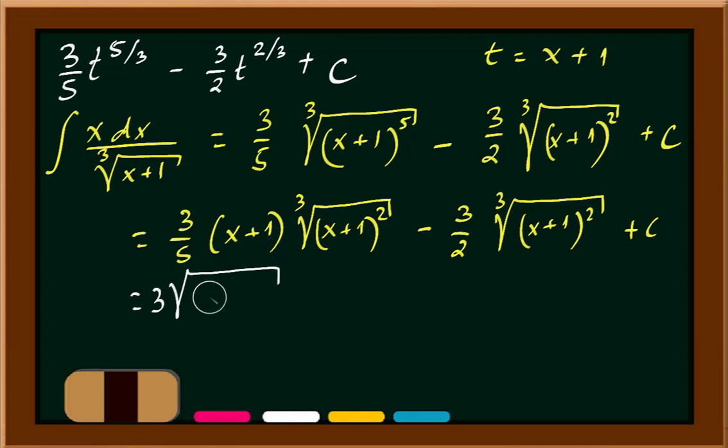It is cubic root, not square root. We will fix that. Now on the first part we have x plus 1 over 5, minus, on the second part, only 1/2 if we pull out the 3, plus a constant.